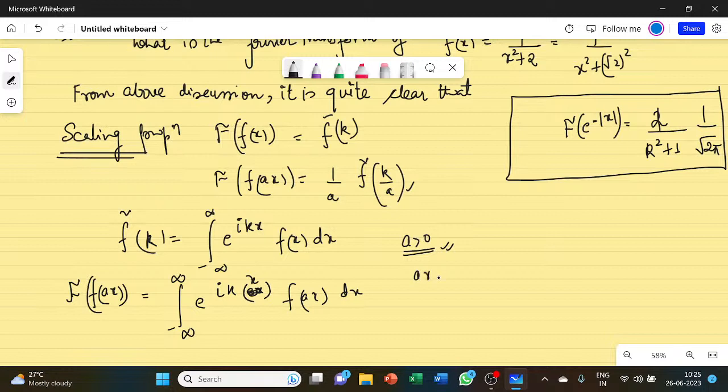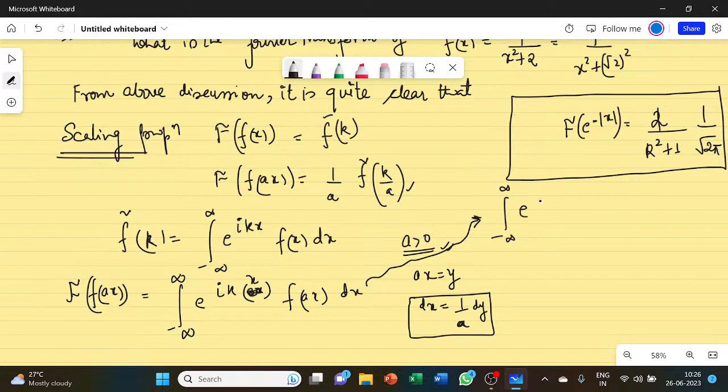Now if I write ax as simply y, then your dx will simply become 1 upon a dy. So if I use this here, it is the integral from minus infinity to plus infinity of e to the power iota k, I will write y upon a instead of x, times f of y, times 1 upon a dy.